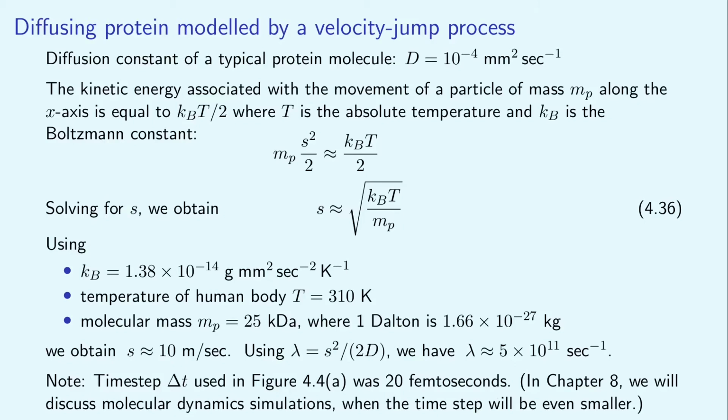In Chapter 8, we will consider more detailed models described in terms of molecular dynamics simulations, where we will simulate positions and velocities of individual atoms. And the price which we will pay for using such a level of detail will be that we will have to use even smaller time step, equal to 1 femtosecond.